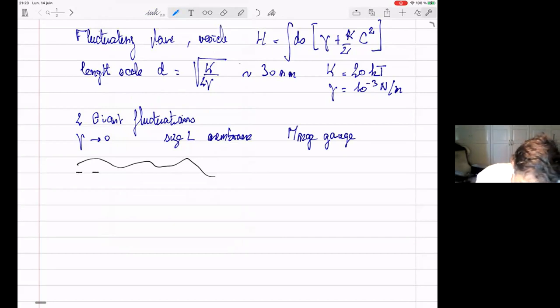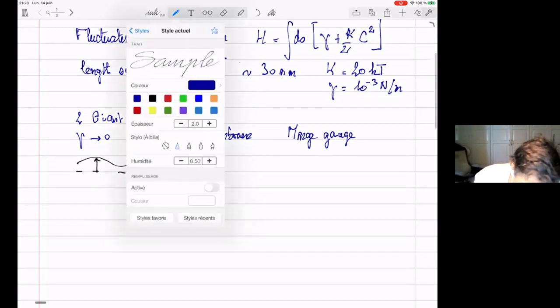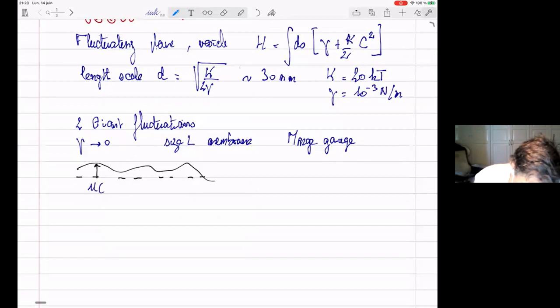I will define a plane, and I will measure at each point in the plane the height of the membrane that I will call u(r), where r is a two-dimensional coordinate in this plane. Now you can re-express this Hamiltonian as a function of u, and I will only do it if the slope is small.